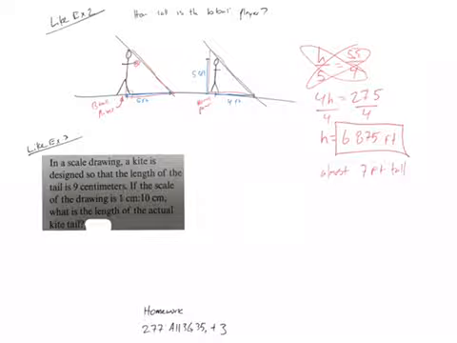Alright, this is like example 3. It says, in a scale drawing, a kite is designed so that the length of the tail is 9 centimeters. If the scale of the drawing is 1 centimeter to 10 centimeters, what is the length of the actual kite tail? So in a scale drawing, the kite length is 9 centimeters. So this is the length in the drawing divided by the real length.